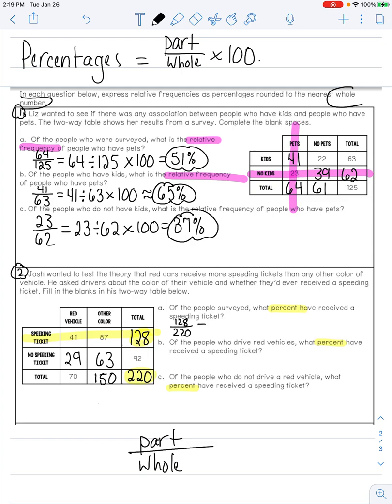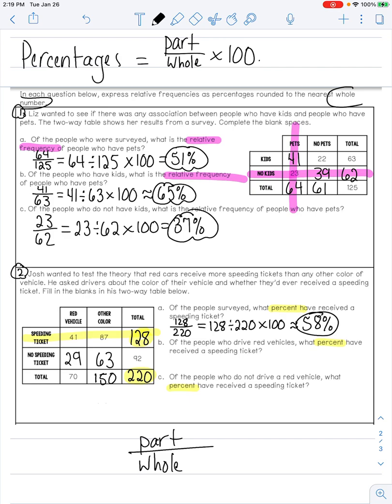So now I need to change that fraction to a percent. So I do top divided by bottom, and you multiply by 100 to change it to a percent. So I'm going to do 128 divided by 220 times 100, and you get about 58%. I say about because there are numbers after that 58. I'm just using my calculator, but I'm rounding, okay?